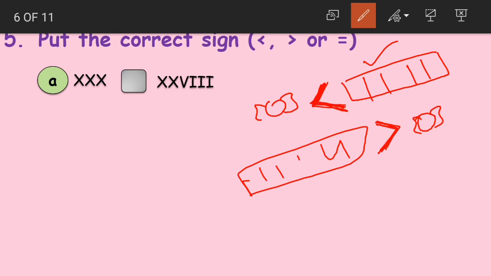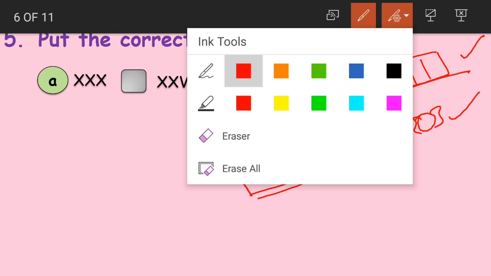Now again this looks like L, so it is the less than symbol. This small chocolate is less than the big bar. Now the big bar is greater than the small chocolate. You can simply remember it like this: whichever is the bigger number, open the mouth towards the bigger number.